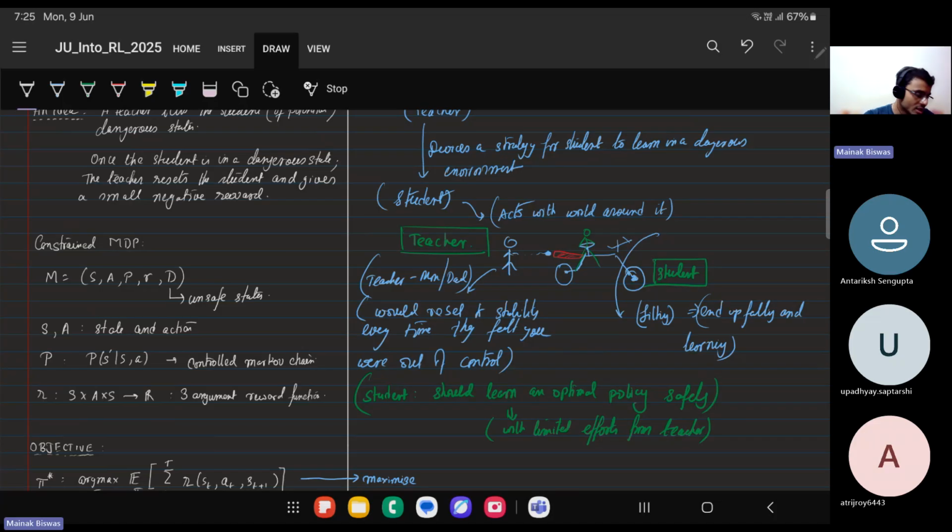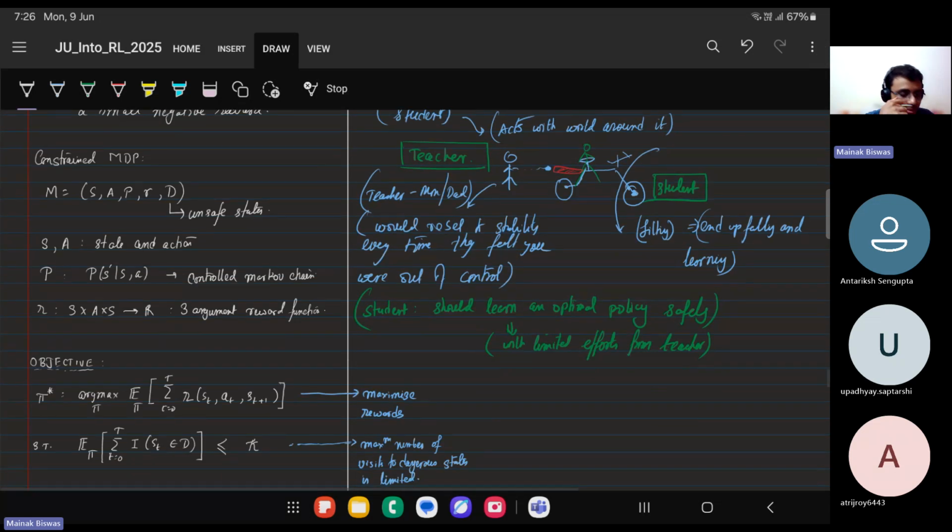To do this, they define what is called a constrained MDP. First of all, what is an MDP? Do you remember? An MDP is a four-tuple of states, actions, rewards, and probability. We have discussed all of these.